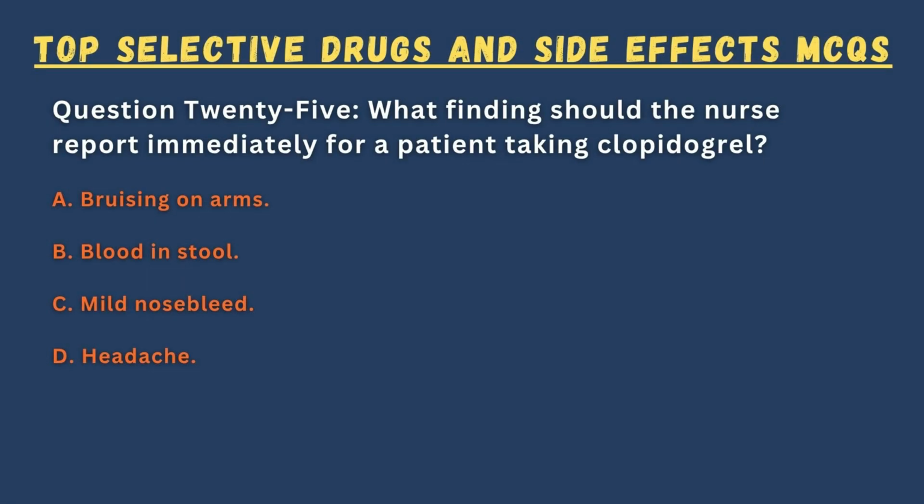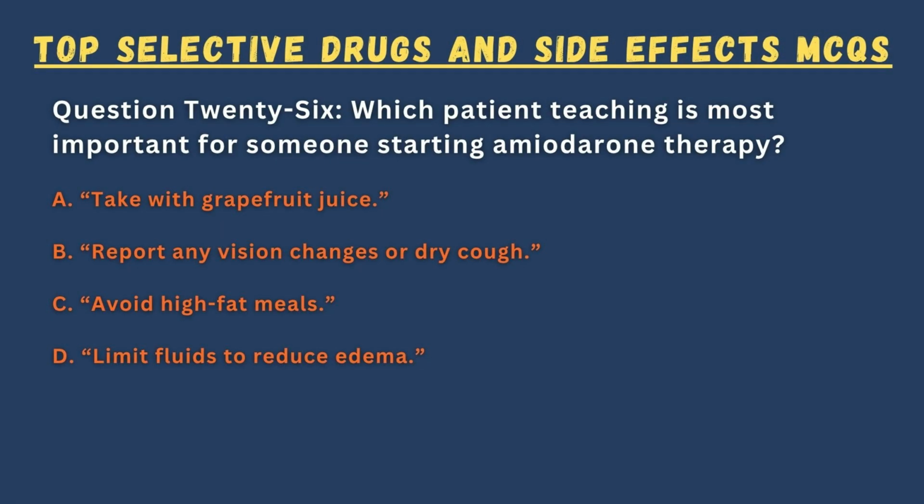Question 25. What finding should the nurse report immediately for a patient taking clopidogrel? A. Bruising on arms. B. Blood in stool. C. Mild nosebleed. D. Headache. Answer: B. Blood in stool. Question 26. Which patient teaching is most important for someone starting amiodarone therapy?